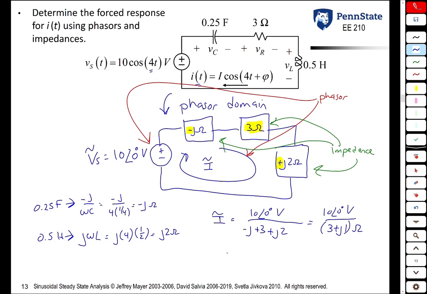You work out the math on your calculator or by hand. You get 3.16 at an angle of minus 18.4 degrees amps. Finally, you do need to convert this back into the time domain, but that's as simple as reading off the magnitude and the phase. So we get the final answer, I of t is 3.16 cosine of 4t minus 18.4 degrees amps.